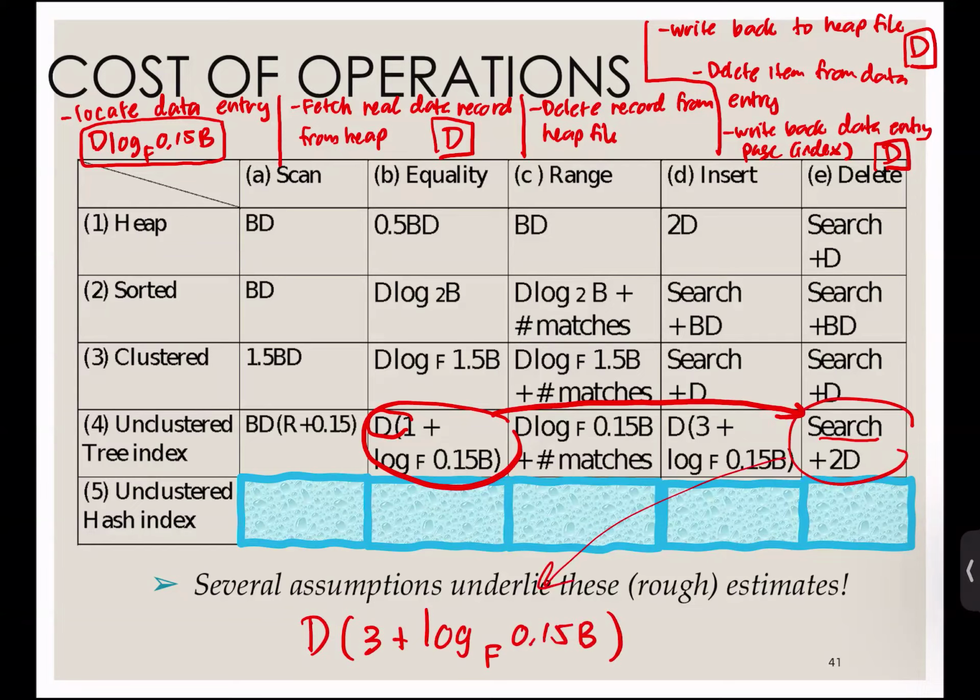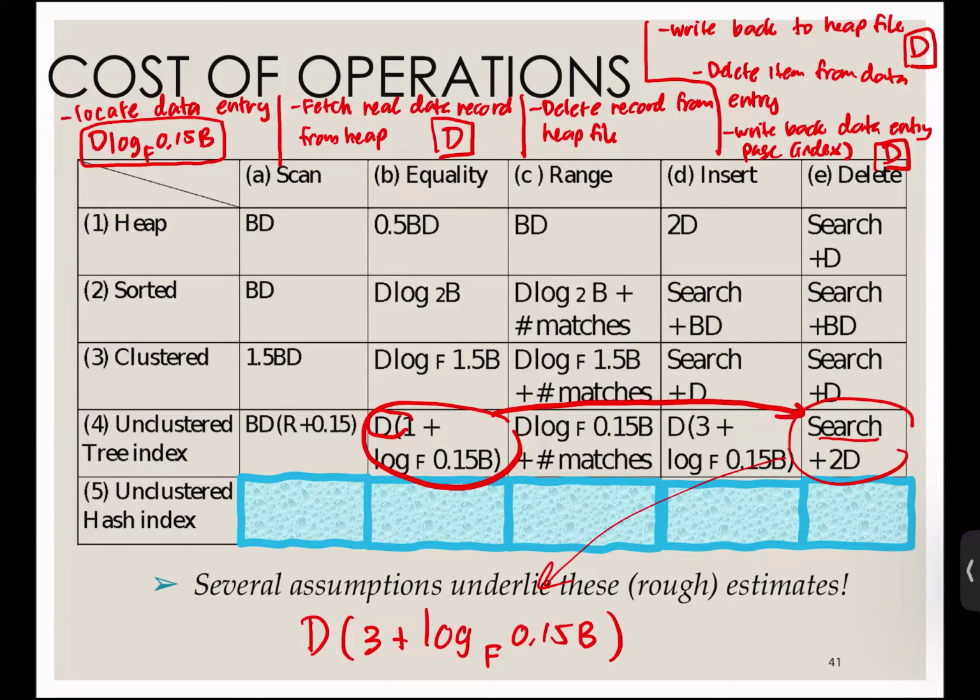Okay. Let's recap again for the delete. To be able to delete, you have to use the index structure to find out where the item is located. So first, you locate the data entry in the leaf node, and that takes you the log time. And once you get to that page, you have to fetch the actual data record, the whole page there from heap. So that takes you one page read. That's D time.